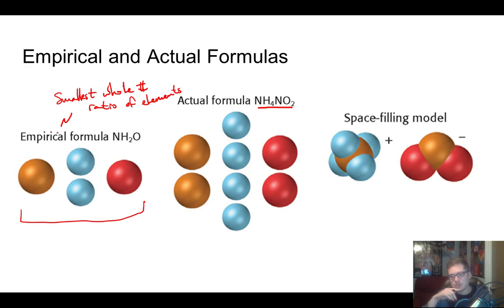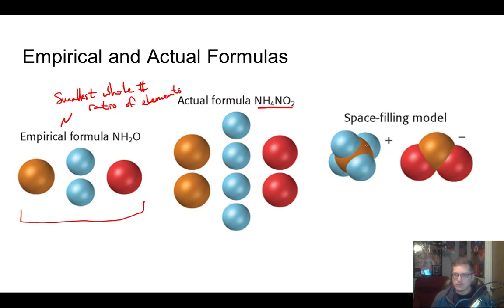And then you can use that percentage information to figure out the empirical formula. That's really the main reason we care about empirical formulas: it's really easy to find the percentage of each element, and then we can find the smallest whole number ratio. Then we can use additional information to find the molecular formula, or the actual formula.